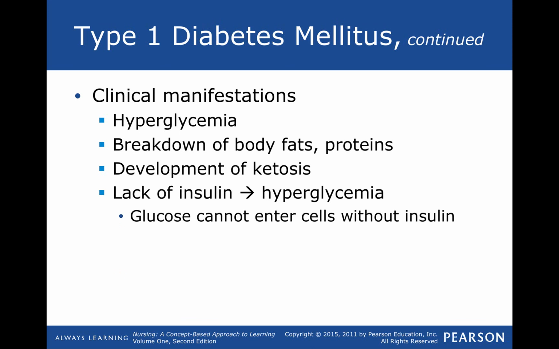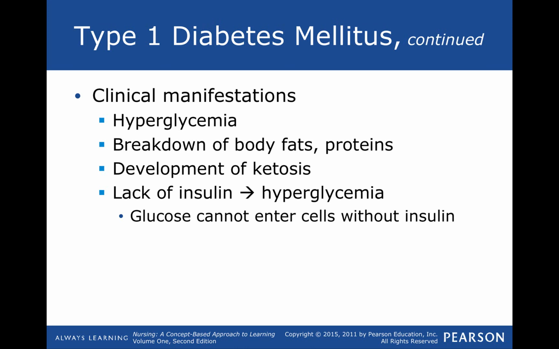Clinical manifestations: your blood sugar is too high. You have a breakdown of body fats and proteins, and that develops something called ketosis, where you have a lot of ketones that show up in your urine. Over time, this isn't very good because it puts a stress on the body systems.